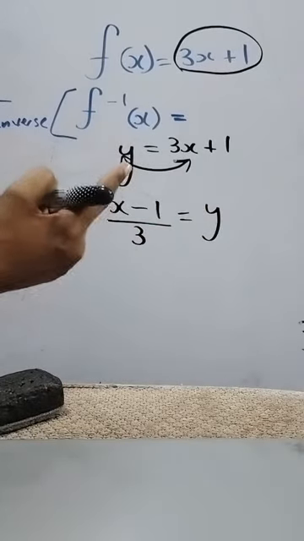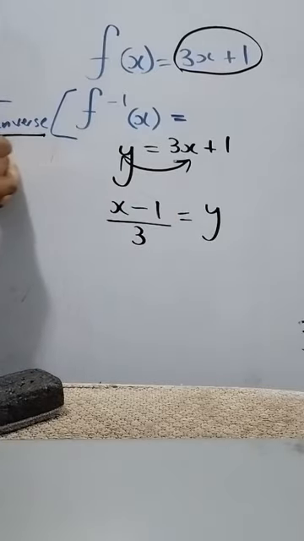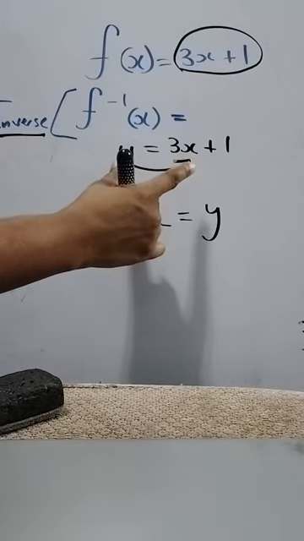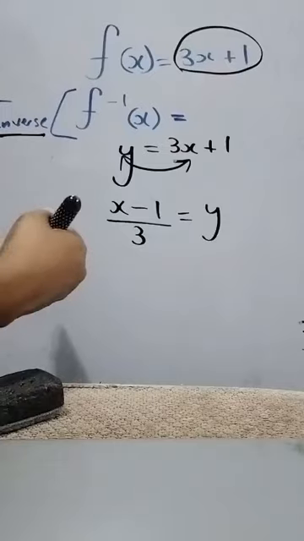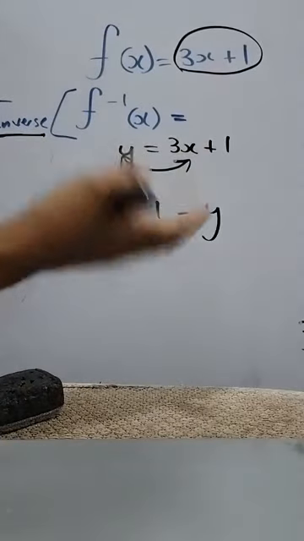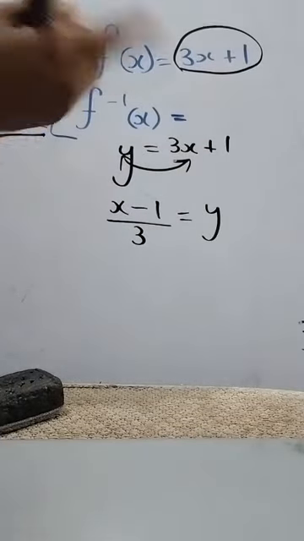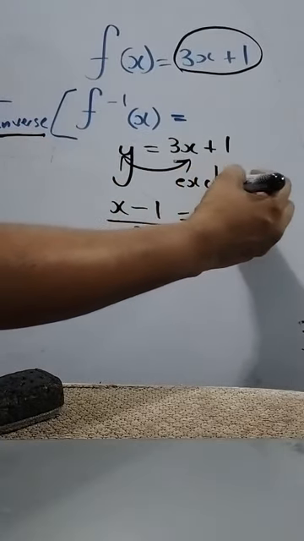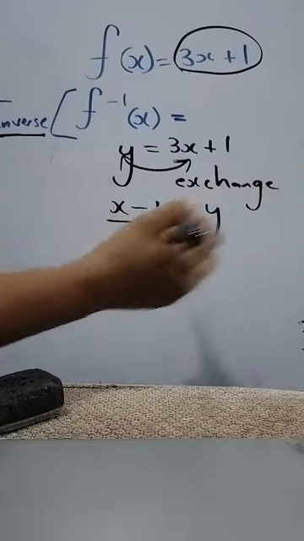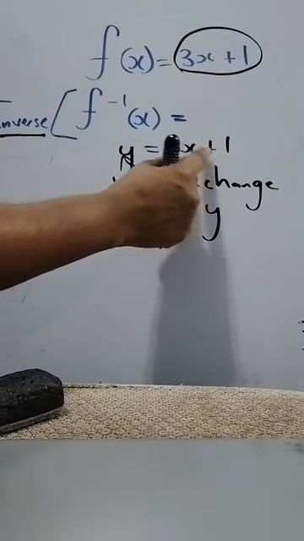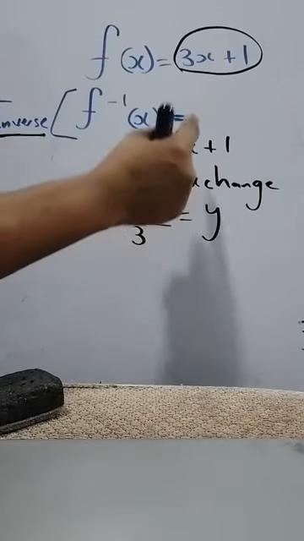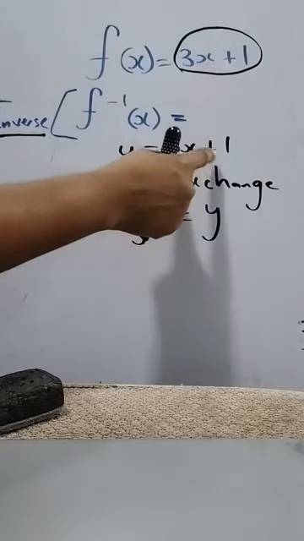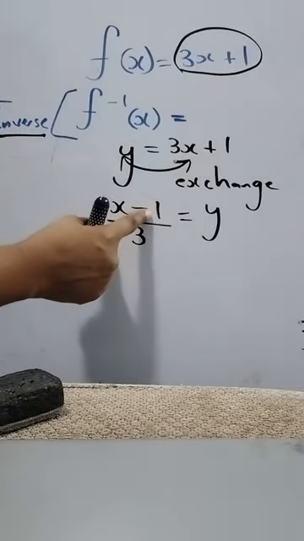Notice what I did first. I said if I'm going to be doing the inverse, it means the x value and the y value will be exchanged. But if the x and y value are exchanged, it therefore means that the entire function needs to change, such that if I was multiplying by 3, I should now be dividing by 3. If I was adding 1, I should now be subtracting 1.